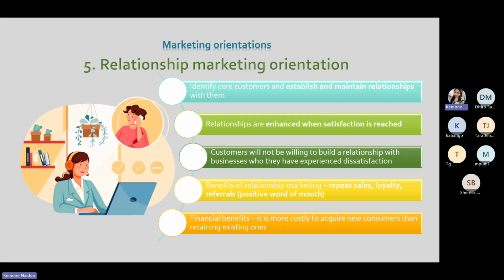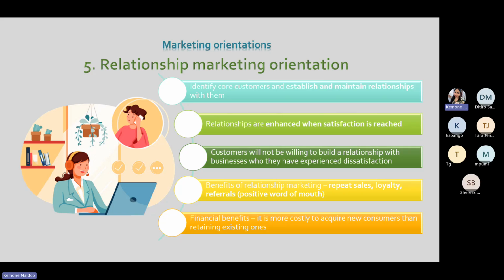And then relationship marketing looks at sustaining your relationship with employees or with any of your stakeholders. So remember, relationships are enhanced when satisfaction is reached and also maintained. Okay, so what happens with relationship marketing is we create a relationship with consumers so that we can ensure that brand loyalty is achieved, and also repeat sales, and positive word of mouth is spread.